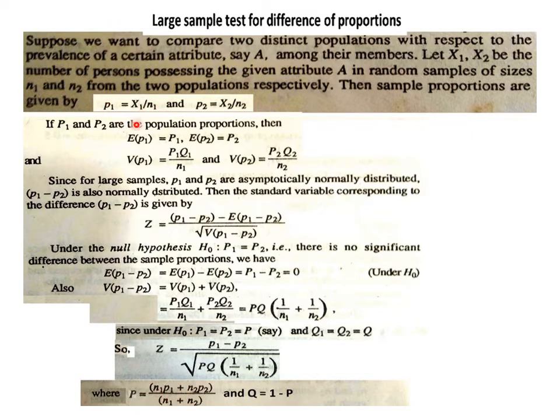So it's x1 plus x2 upon n1 plus n2. That is the sum of the people in both samples possessing the given attribute upon the total number of members of both samples. And if P is there, Q can be obtained by 1 minus P. So that is the theoretical background of the large sample test for difference of proportion.